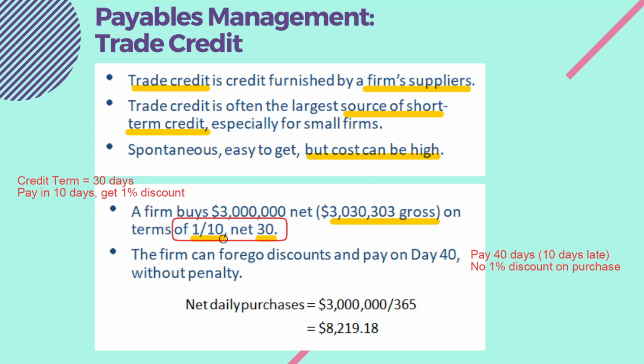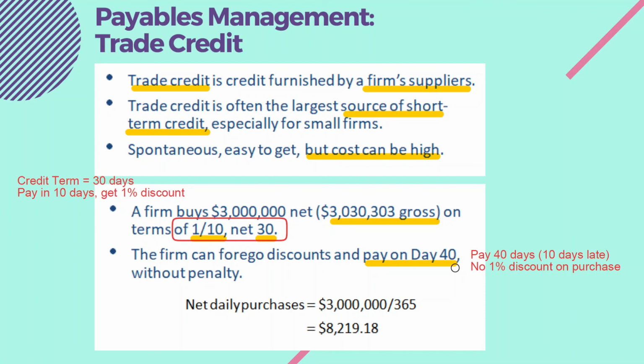In a calculation of financial ratios, we can calculate how many days it takes the company to pay the suppliers. For example, the company pays the suppliers in 40 days, which is 10 days beyond the credit terms, and the suppliers say they are okay with that.